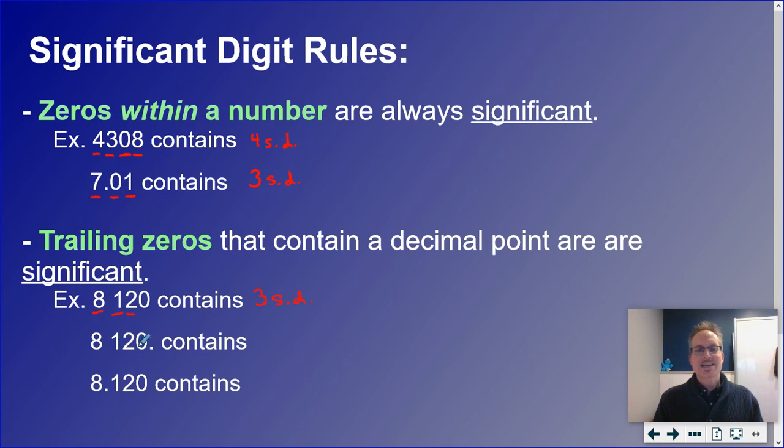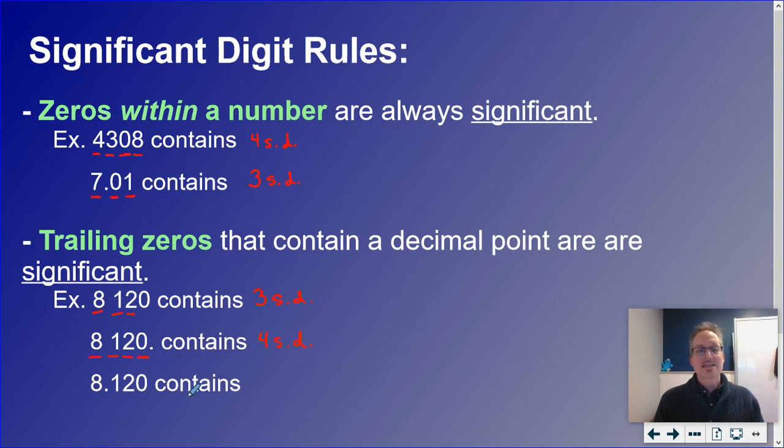Now, this is the exact same number, but this time when it was recorded, there's a decimal point here. So we still underline the three numbers. And in this case, the zero does count because the decimal tells me that this zero is a precise number. So it's going to contain four significant digits.